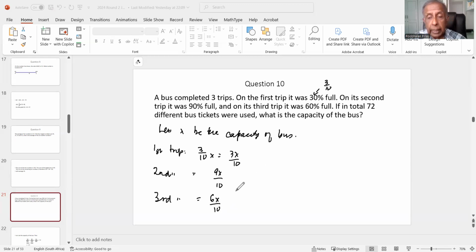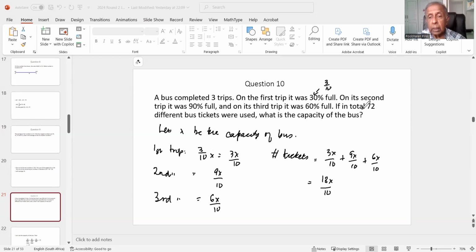And the total number of tickets issued will be the total number of people who came on the bus, which is 3x/10 plus 9x/10 plus 6x/10. 3 plus 9 is 12, 18, so it's 18x/10.